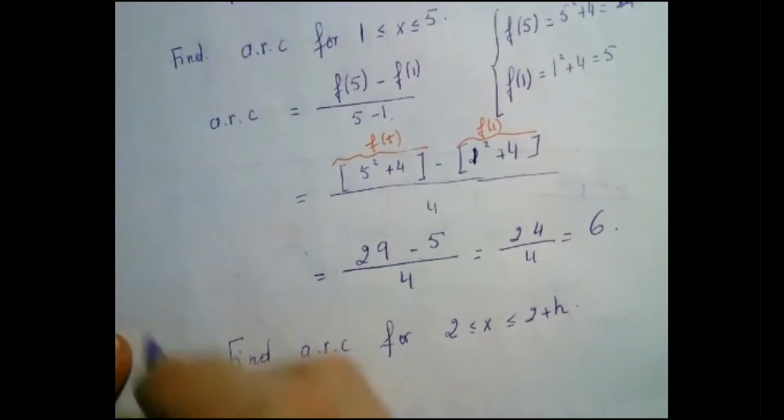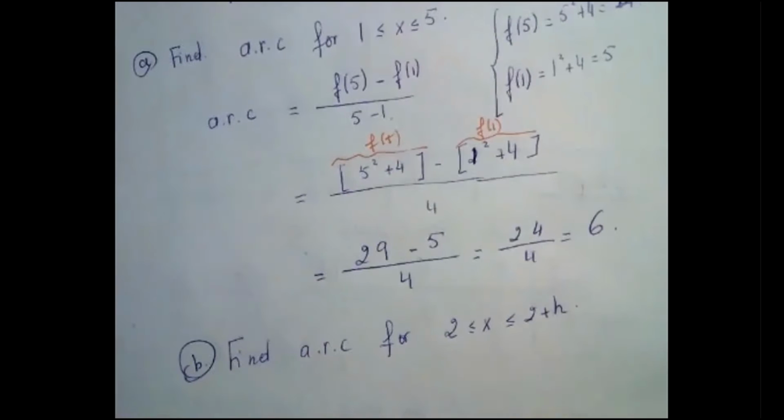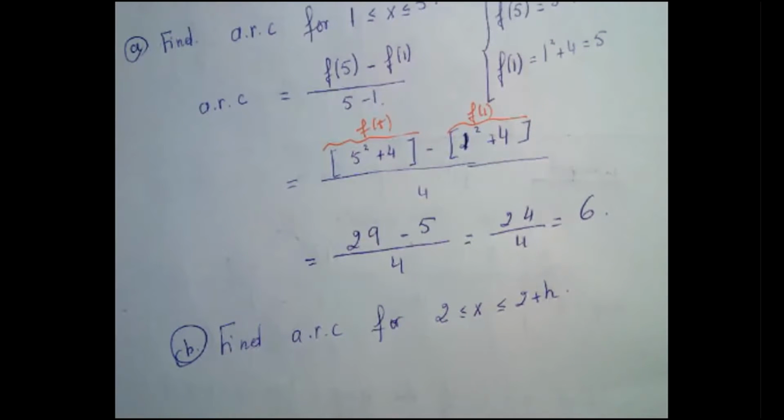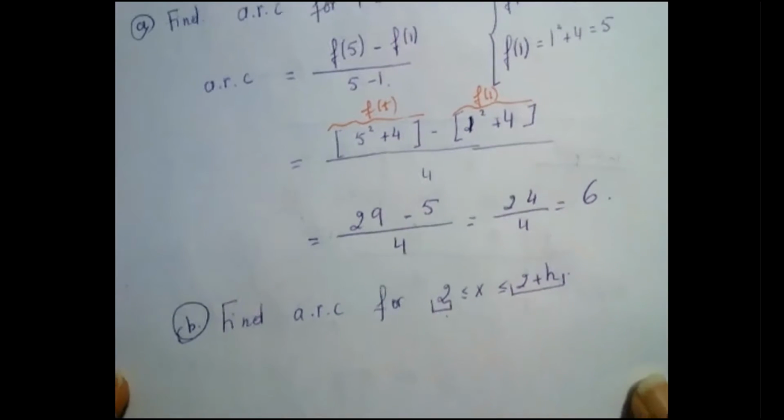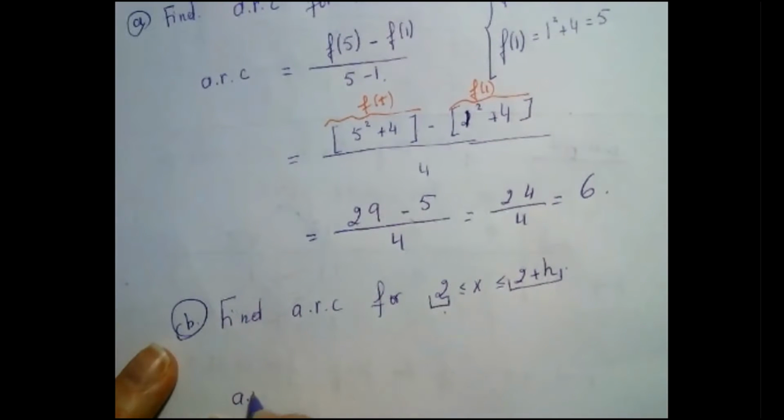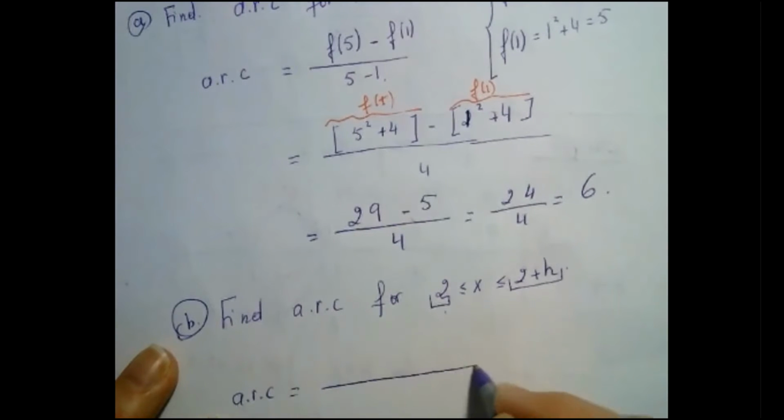This problem is mainly to improve our concept of working with a function when the function is given by a formula. So how do I find that? It looks fairly complicated, but it's really not. So the average rate of change in this scenario, I'm going to use the formula here.